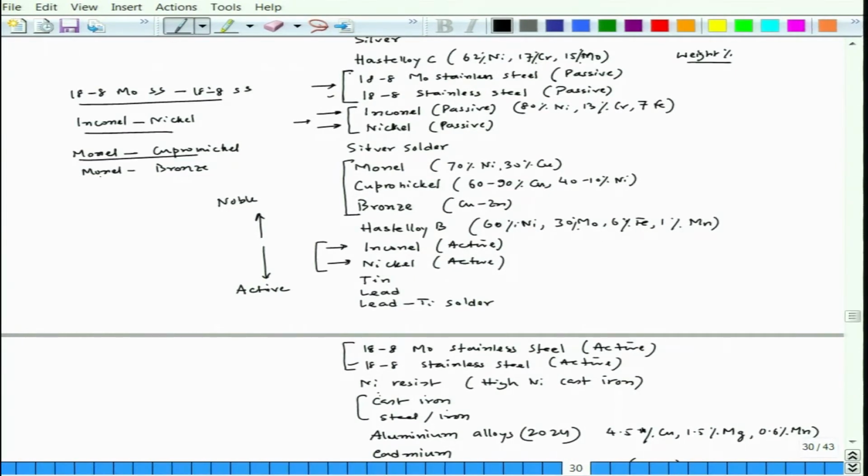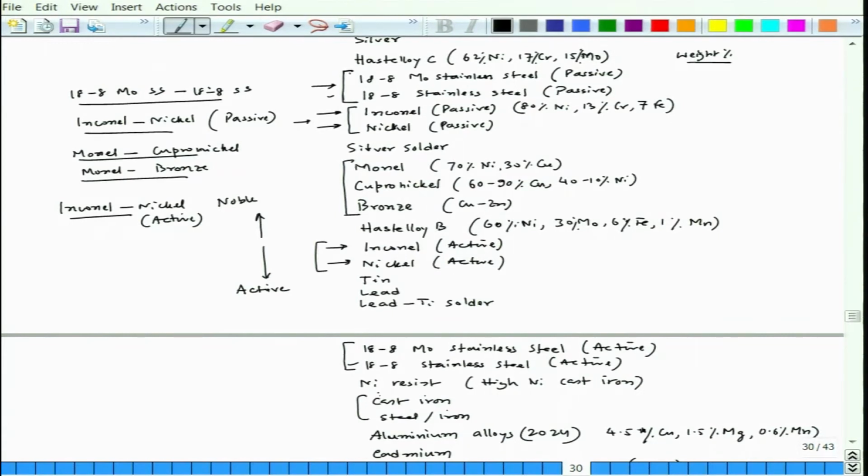So, these are the couples you can form, and here both are passive, but here if you consider Inconel and nickel, both are active.